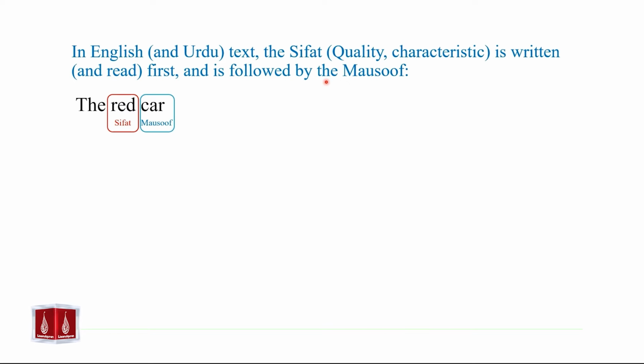For example, the red car. Red is the quality, characteristic or the sifat, and car is the Mosuf. In this example, the sifat comes first, it is written first, it is read first, followed by the Mosuf. A good boy. Good is the sifat and boy is the Mosuf.